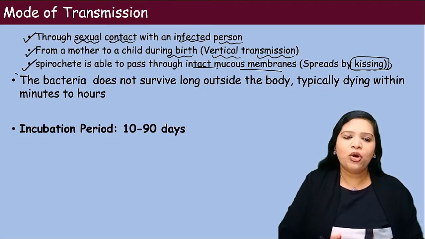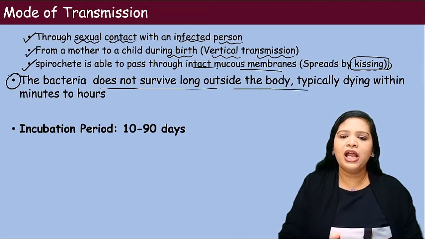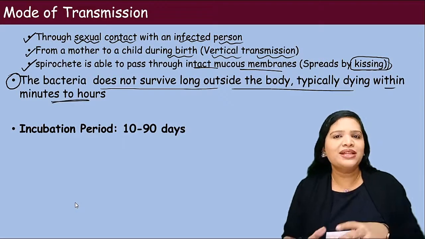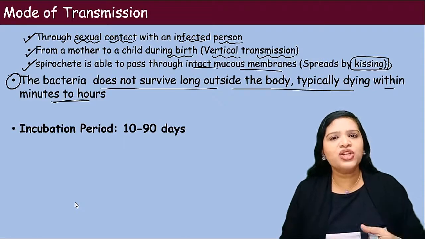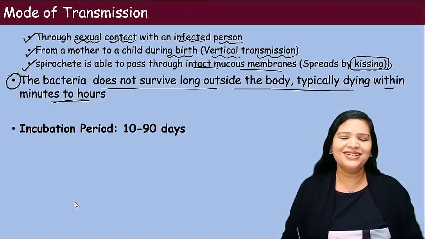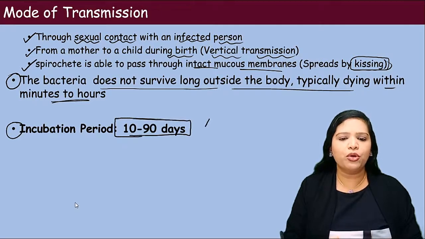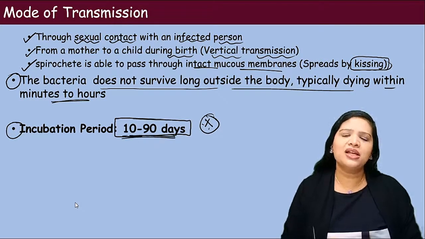Another important thing we have to remember is that this bacteria does not survive a long period outside the body. They die within a few minutes to hours. So within those few minutes, if they transmit through any other objects, there may be chances. If not, they get dried and they die. Clear? Now, the incubation period for this organism is 10 to 90 days. This is important. You can ask why there is so much variation, 10 days to 90 days.